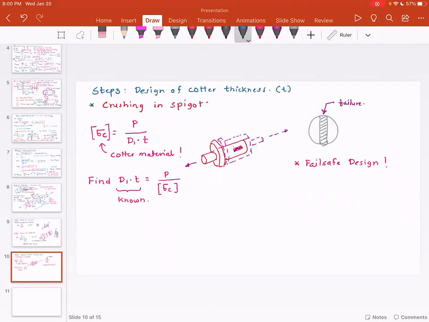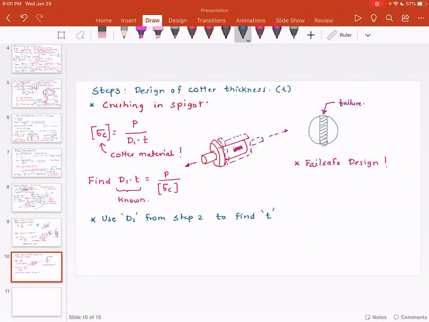And now you will have to go to step 3. So now what you need to do is use d1 from step 2 to find t.